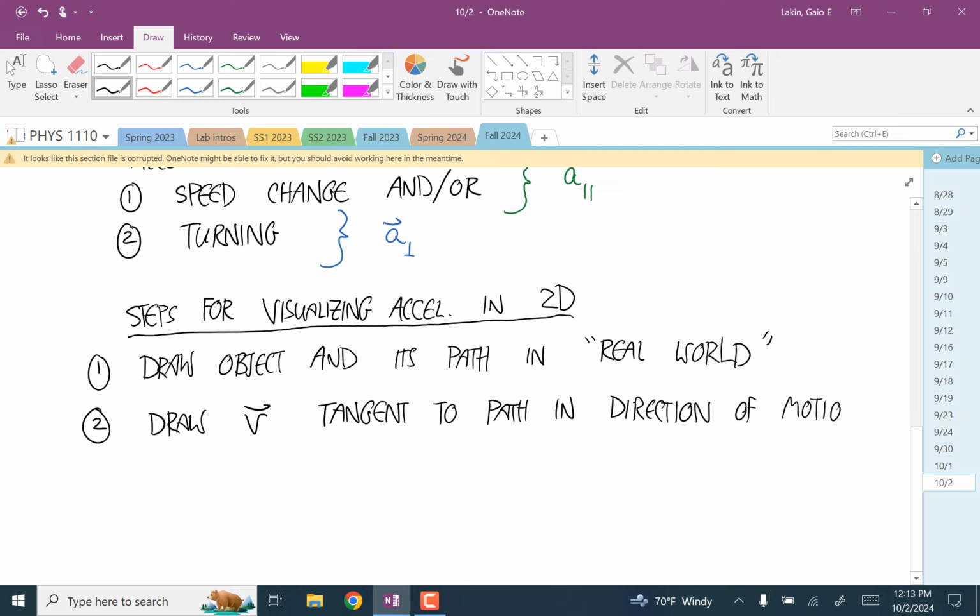I'm going to first go through all these steps and then we'll do some examples and see how to use these. Third, is it speeding up or slowing down?